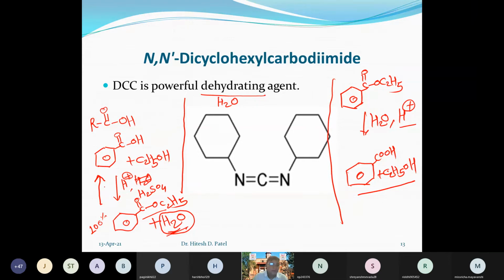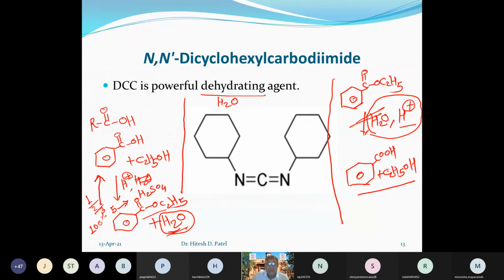Even if you carry out the reaction for 1 hour, 2 hours, 3 hours or 5 hours or more, the reaction will not be completed. The reason is that water is formed during the reaction, and that water has a tendency to hydrolyze the ester. To avoid such a problem, we have to think about other alternatives.